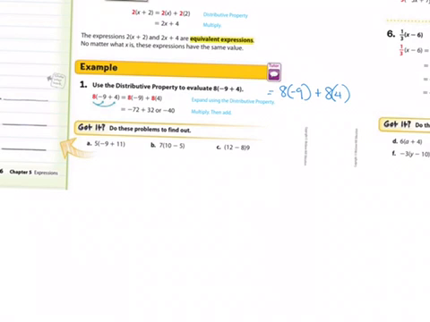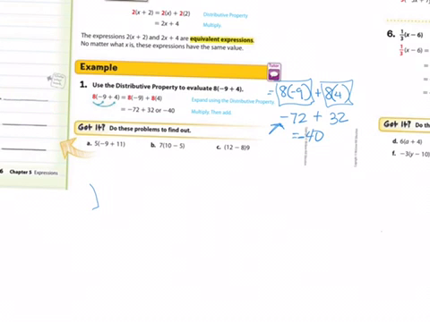We keep our integers constant, and so we have negative 72 plus 32. When our signs are different, we find the difference of the values and keep the sign of the bigger number. So that equals 40, and the sign of the bigger number is negative, so the answer is negative 40.